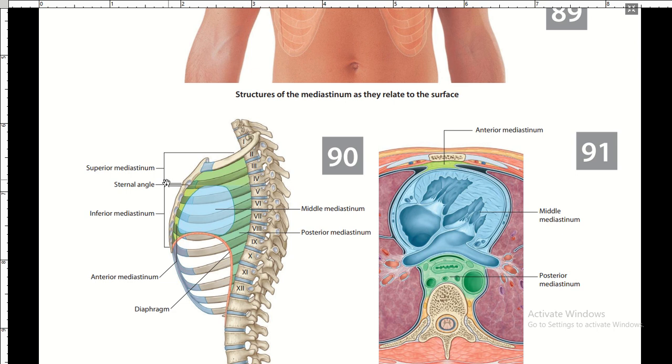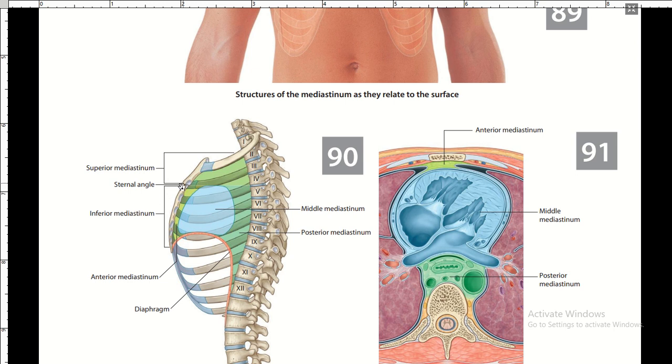So it's very important to understand what is transected by this plane as it divides the superior mediastinum from the inferior mediastinum.